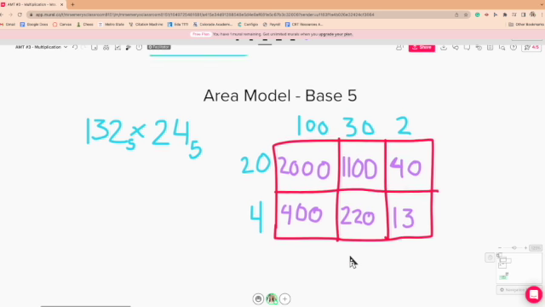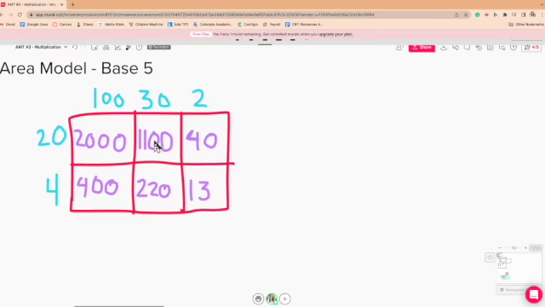And now all I need to do is add these together. So what I'm going to do is I'm going to start here and I'm going to go 2, 0, 0 plus 4, 0, 0 is going to be 2, 4, 0, 0, plus 1, 1, 0, 0 plus 2, 2, 0.